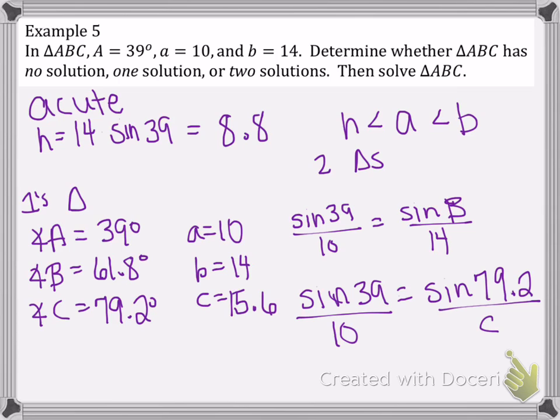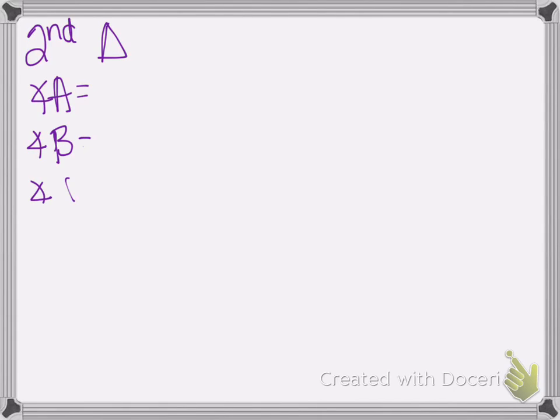All right. Now, to find the second triangle, all of the original information stays exactly the same. Angle A is still 39 degrees.